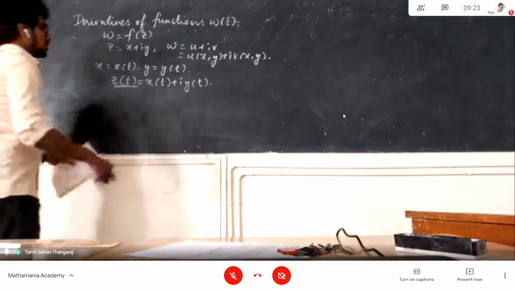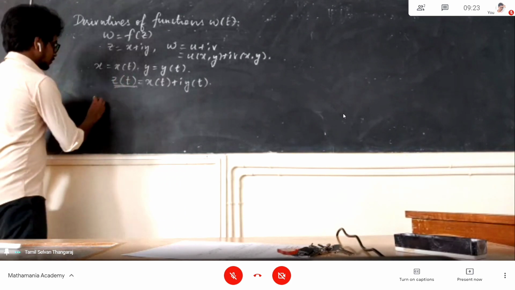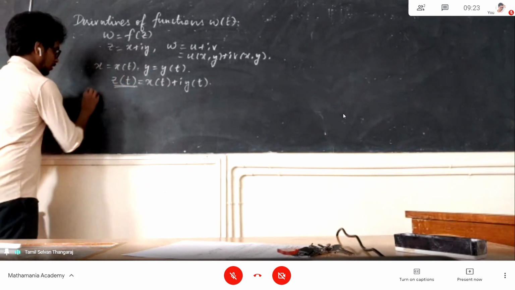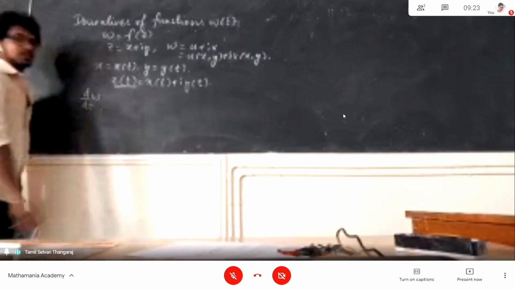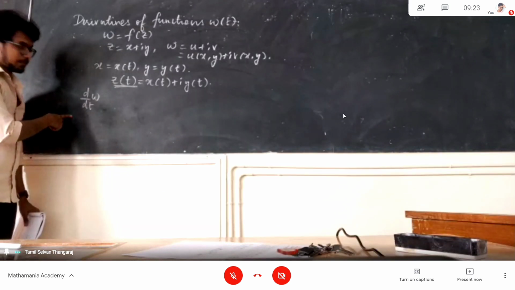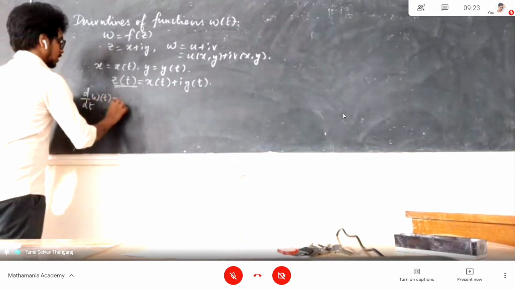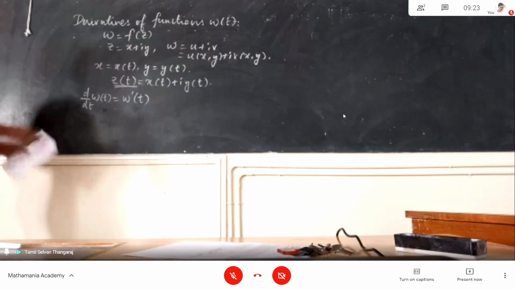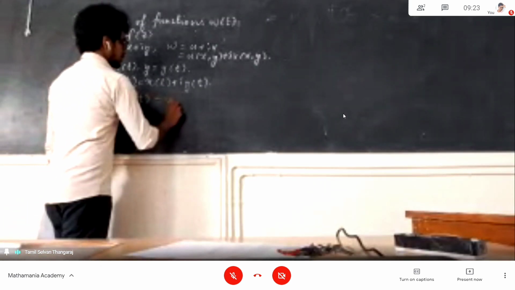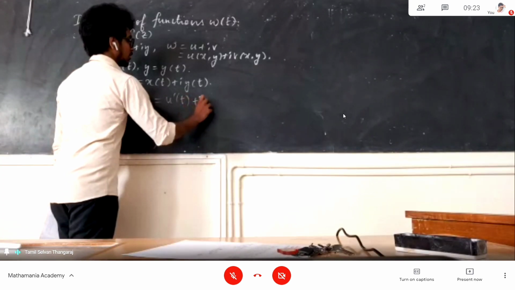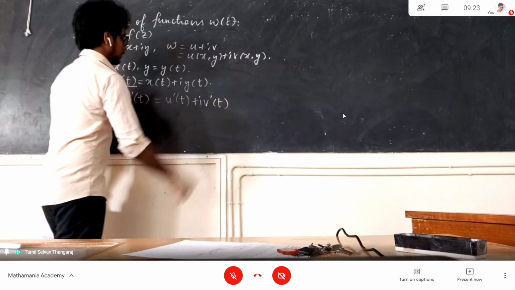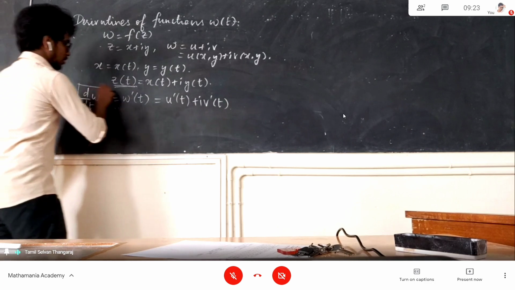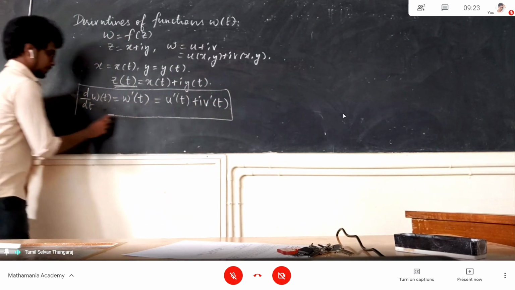So in this case, when you try to find the derivative with respect to t, we write it as w prime of t. This w prime of t is simply u prime of t plus iota times v prime of t. So this is the main ideology.